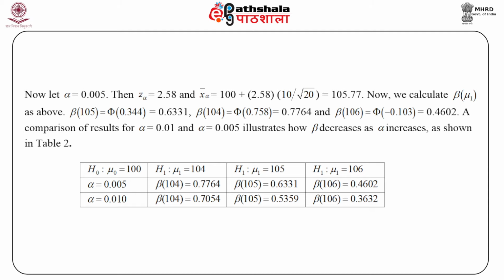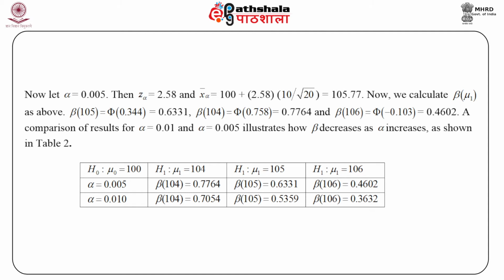Now we calculate beta of mu 1 as above and we find beta for 105 is equal to phi of 0.344, which is equal to 0.6331. Similarly, beta of 104 is equal to 0.7764 and beta of 106 is equal to 0.4602.